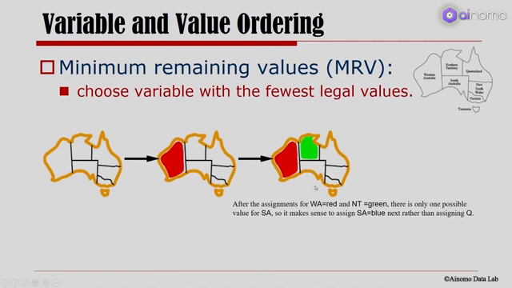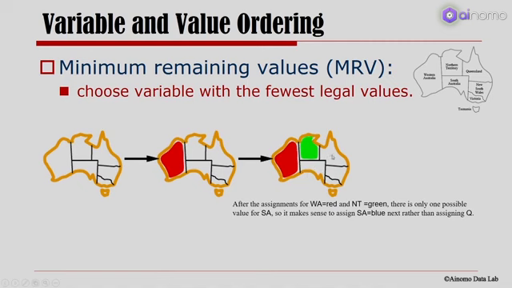So it makes sense to assign blue here rather than assigning the value for Q. This is what the minimum remaining value heuristic does. Now it has also been called the most constrained variable or the fail fast heuristic, because it picks up a variable that is most likely to cause a failure soon, thereby pruning the search tree.